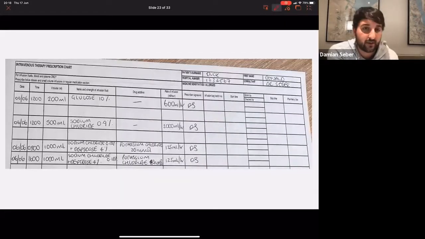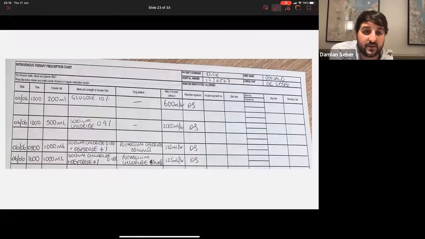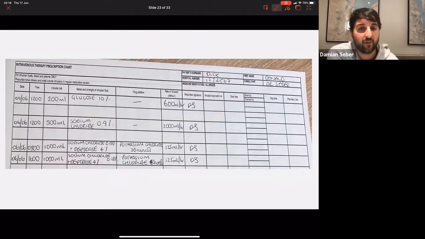So below the glucose prescription, you can see our resuscitation prescription. So you've got your date and your time, your 500 mils of sodium chloride 0.9%, and the rate of infusion is 2,000 milliliters an hour, because you want to get that fluid in less than 15 minutes. So at 2,000 mils an hour, you'll get 500 mils in 15 minutes, because that's a quarter of an hour.